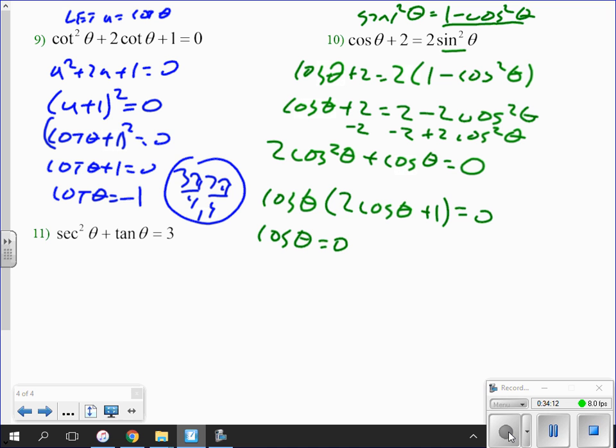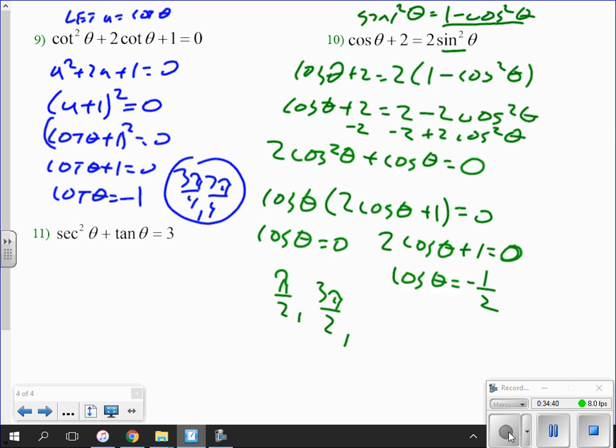Cosine theta is equal to 0, or 2 cosine theta plus 1 is equal to 0, so cosine theta is equal to -1/2. So where's the cosine 0? And where is the cosine equal to -1/2? Pi over 2, 3 pi over 2, 2 pi over 3, and 4 pi over 3.